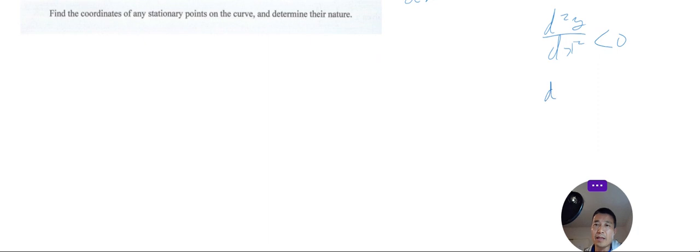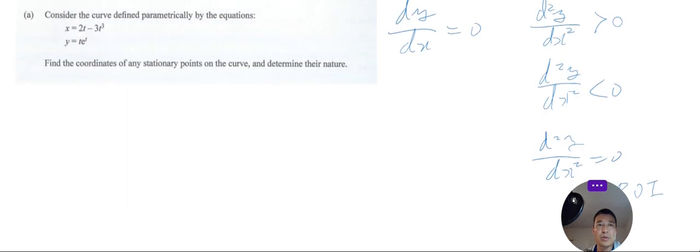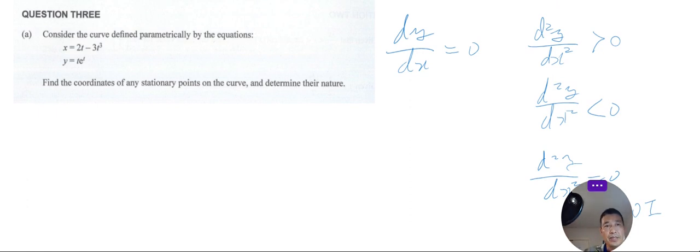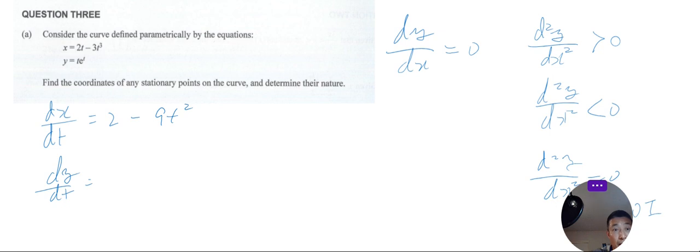And if that is 0, that's a point of inflection, isn't it? So we will find that out. First, we have to go dx/dt, isn't it? Which is 2 minus 9t squared. And then dy/dt equals what? t e to the power of t, isn't it?